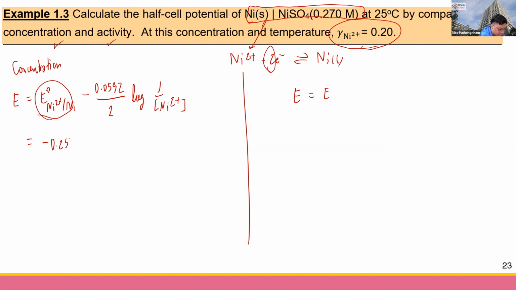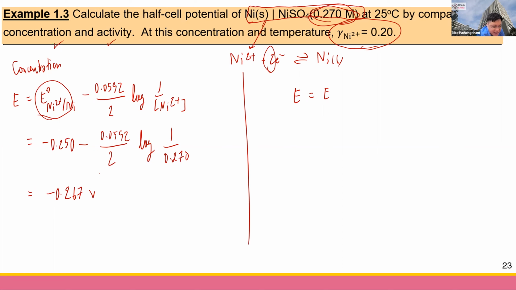So minus 0.250 minus the whole thing, 0.0592 over 2 log, where the concentration of nickel 2 plus is 0.27. And you plug the numbers into the calculator and you get something like minus 0.267 volts, I believe. So this is when you use the concentration.